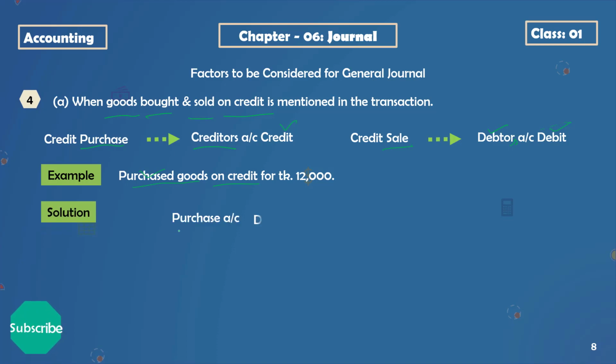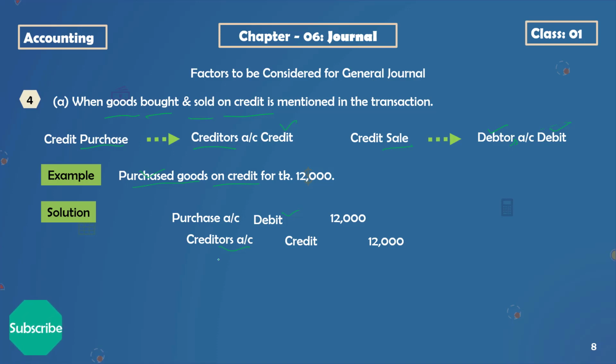Here purchase is an expense account, so purchase is debited, and we know that for credit purchase you have to credit creditors account. So the journal is purchase account debit, creditors account credit.